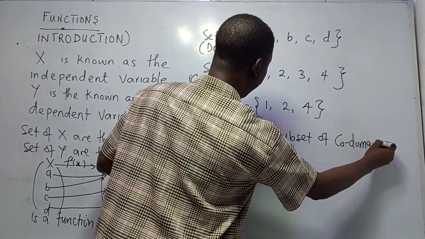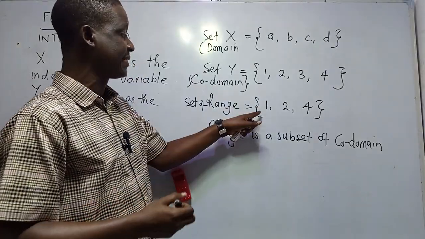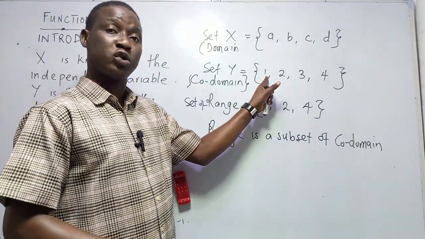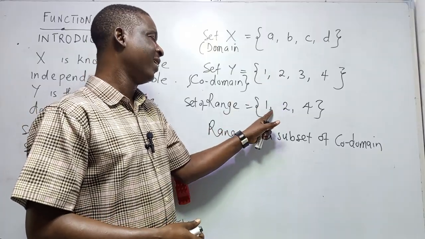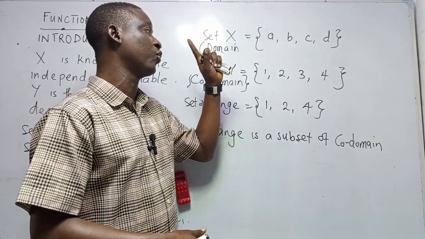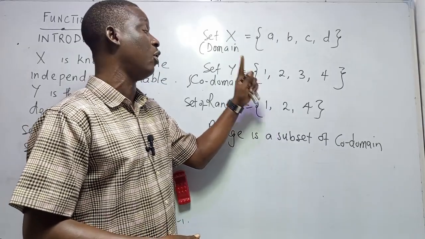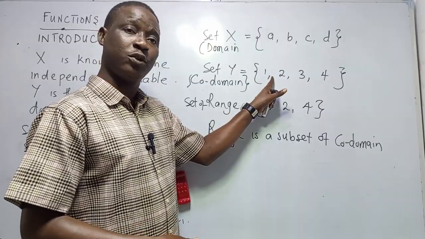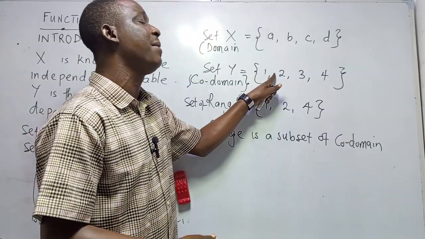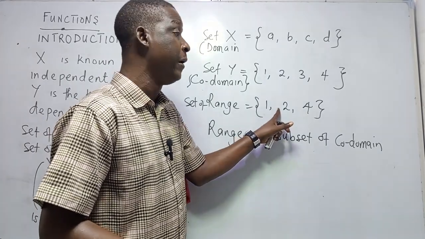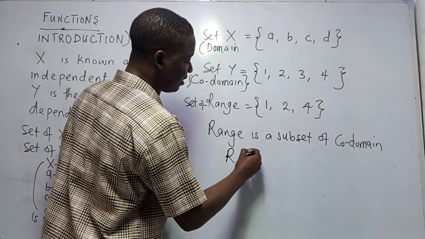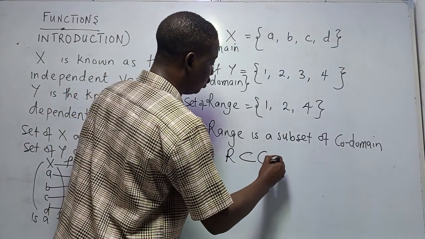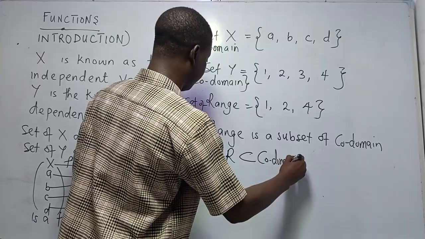Yes, because all the elements present in the range are also found in the set Y, but not all the elements in the codomain can be seen in the range. So range is a subset of the codomain.